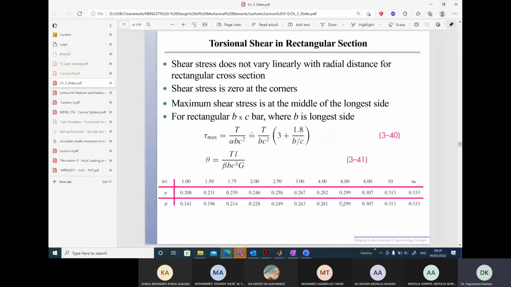So if we don't have a value 5 here, we have to interpolate between these two quantities to get your alpha. We just want the maximum shear stress. We can use the quantity alpha here, or we can use this formula. Let's use this formula.